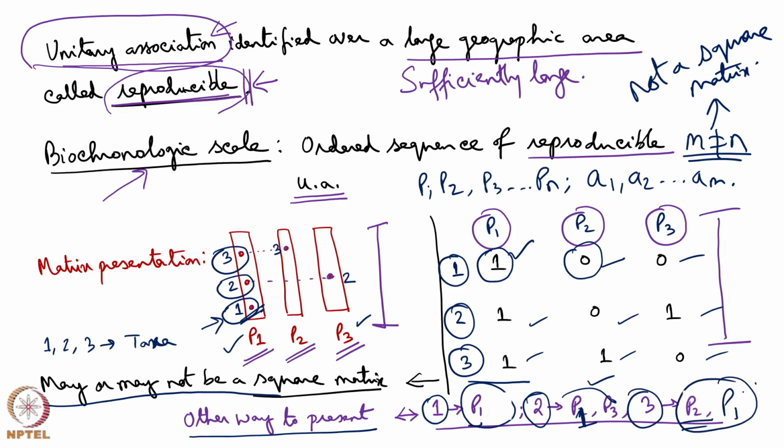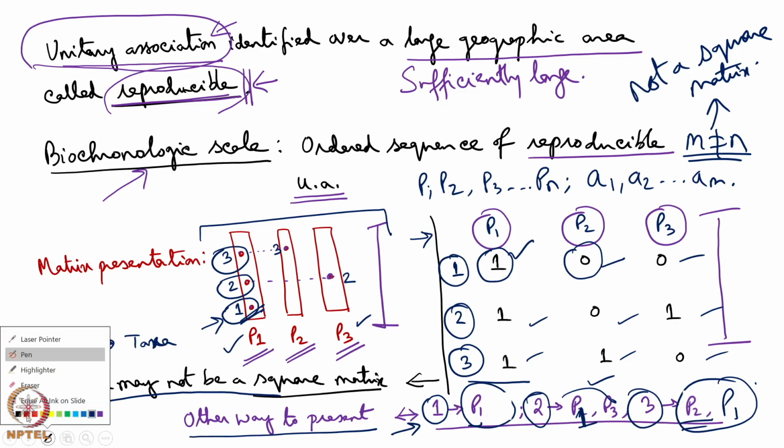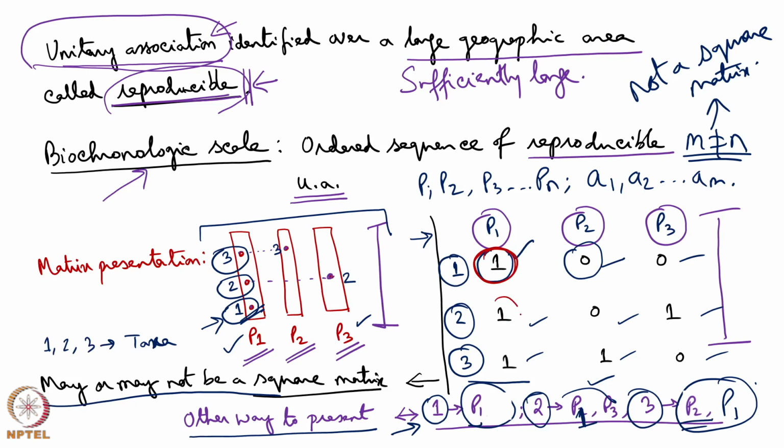So, this is one kind of presentation, the matrix is a second kind of presentation, and this way of writing is another way of presentation. Note here, within the matrix we have got two kinds of 1. This 1 means presence, with the same meaning here, here and here, and here this 1 means the taxon. So, this 1 and that 1 do not have the same meaning.